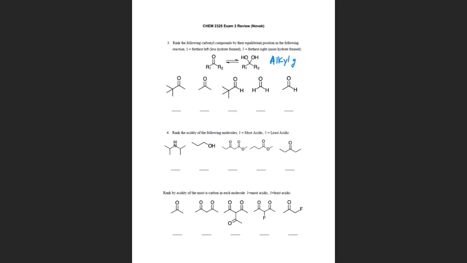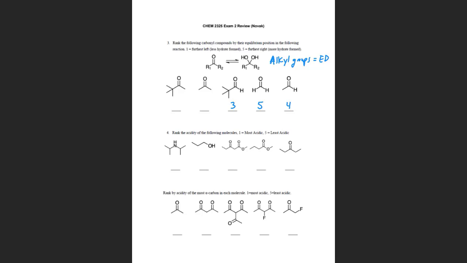Alkyl groups, electron donating, right? So looking at this one, the fourth one doesn't have any alkyl groups, so I would say that would be 5. The last one would be 4 because we only have a methyl as an alkyl group. Let's say this would be 3, because we still have this H there.